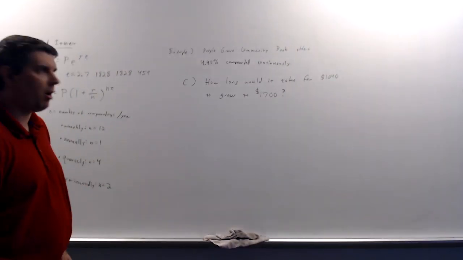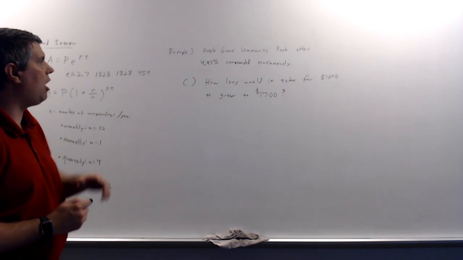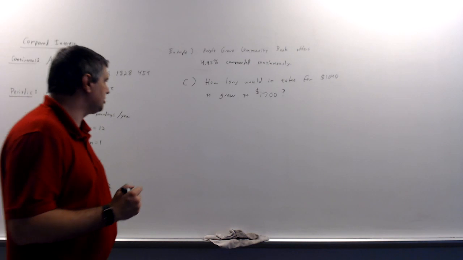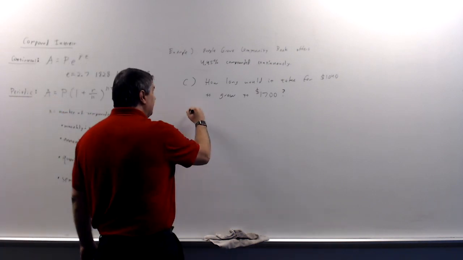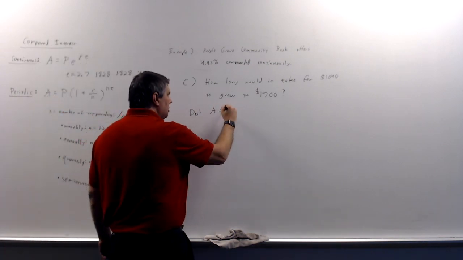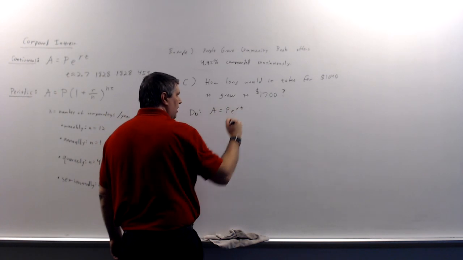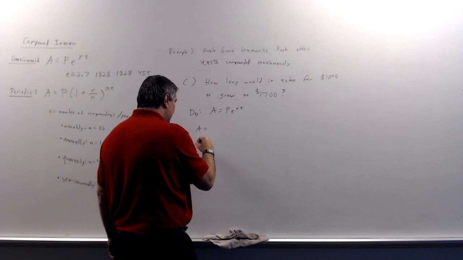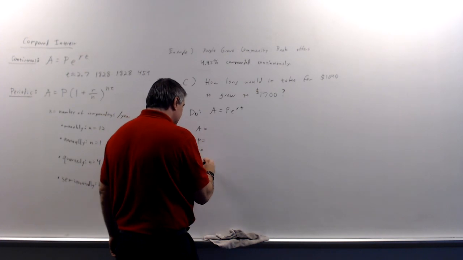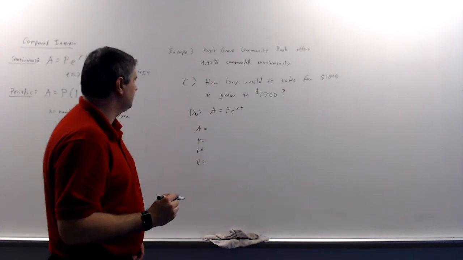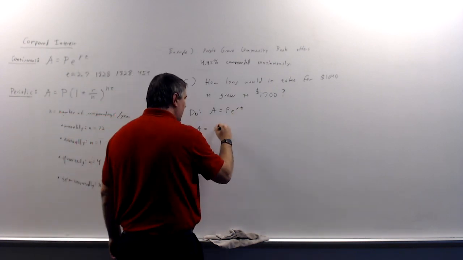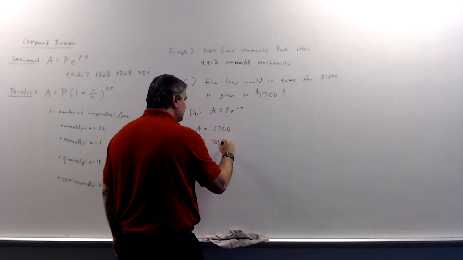Okay, this next part says, how long would it take for $1,040 to grow to $1,700? Well, it's still compounded continuously, so this is still the appropriate formula. Okay, so A equals, P equals, R equals, T equals. So the accumulated value is going to be 1,700, and we're starting with 1,040.